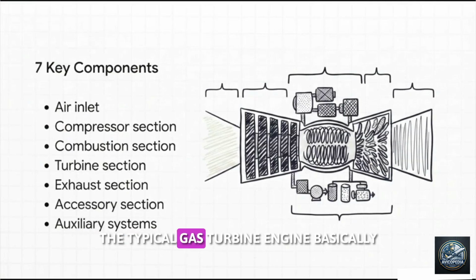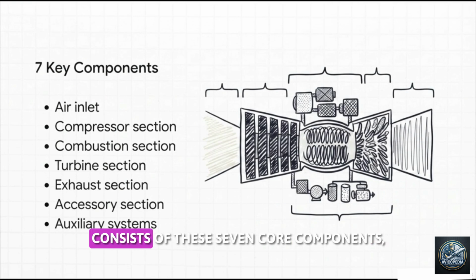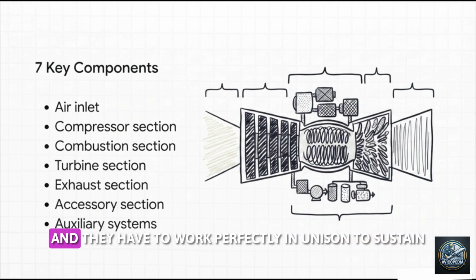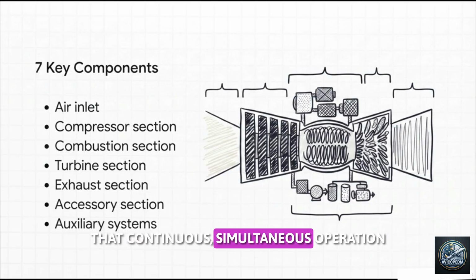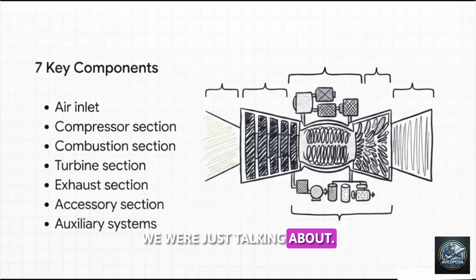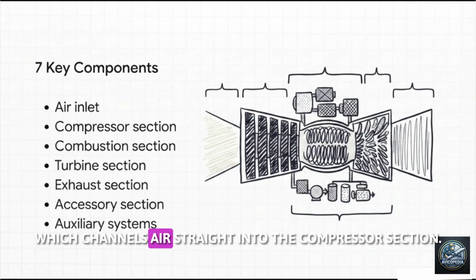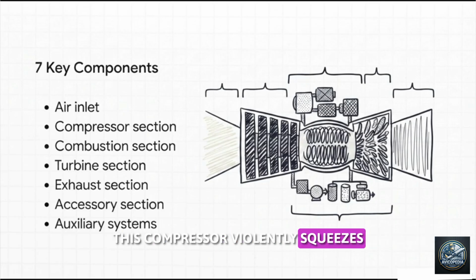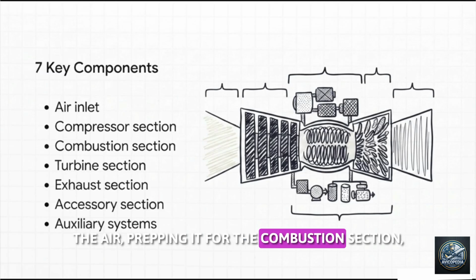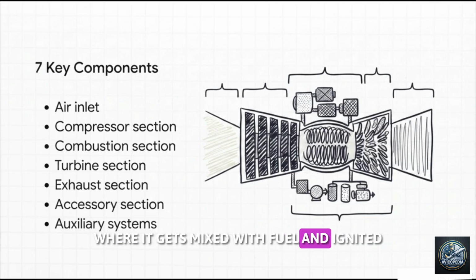The typical gas turbine engine basically consists of these 7 core components, and they have to work perfectly in unison to sustain that continuous simultaneous operation we were just talking about. It all kicks off at the front with the air inlet, which channels air straight into the compressor section. This compressor violently squeezes the air, prepping it for the combustion section, where it gets mixed with fuel and ignited.